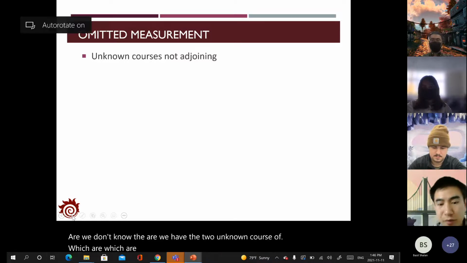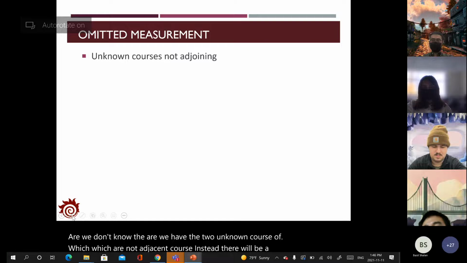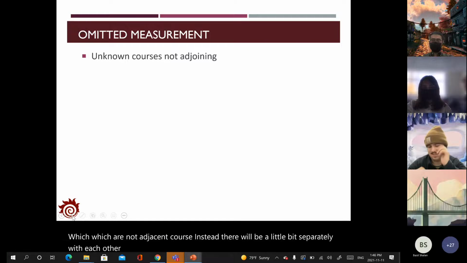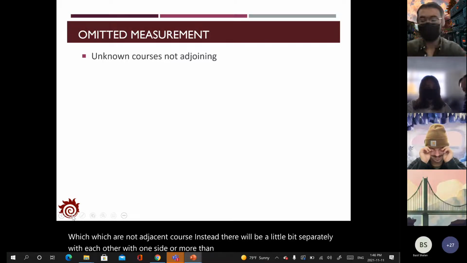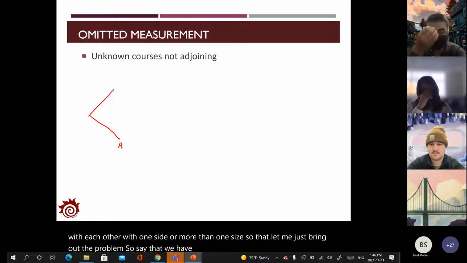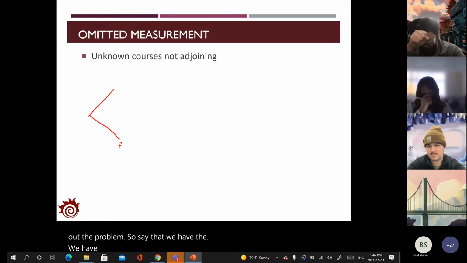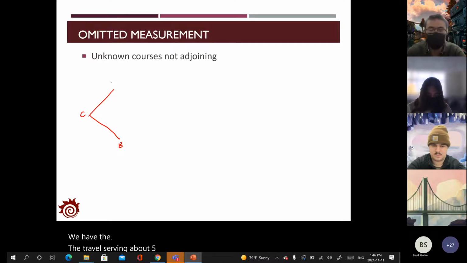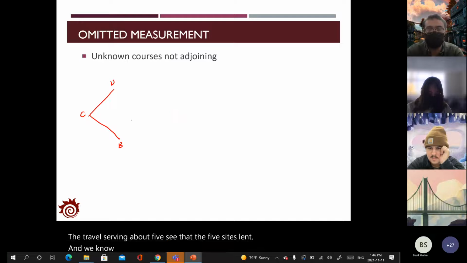Instead, they are a little bit separate from each other, by one side or more than one side. So let me bring out the problem. Say that we have a traverse survey with 5 side lengths, and we measured the distance and direction of B to C and C to D.